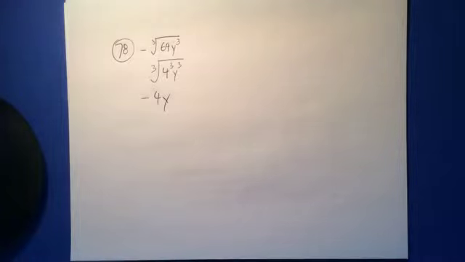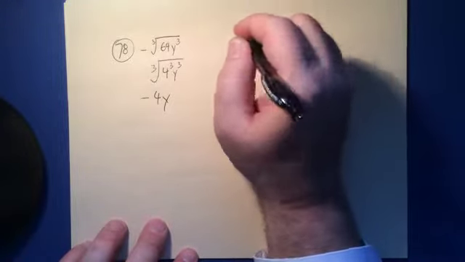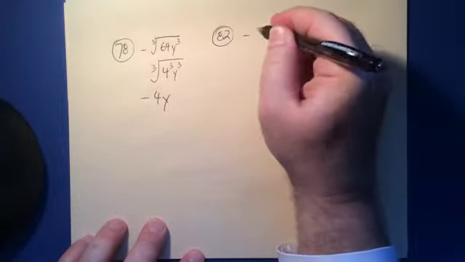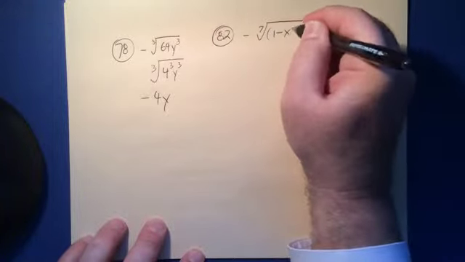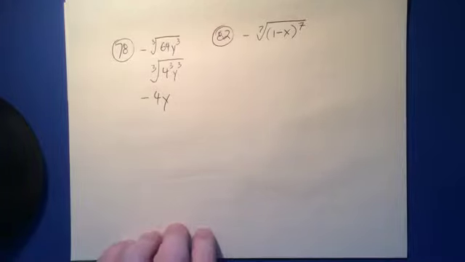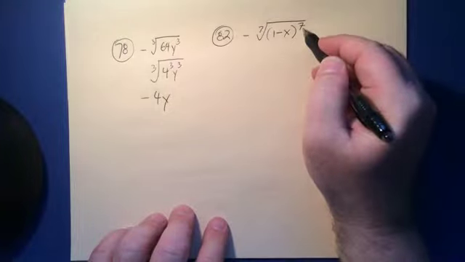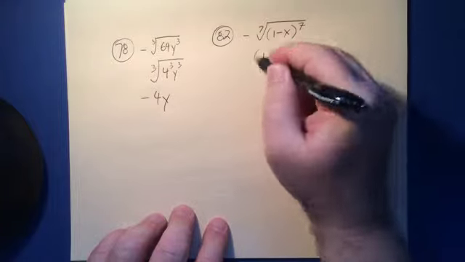Taking a look at one other problem here, let's say 82. A little bit of a tricky question. I'm going to have negative the seventh root of 1 minus x to the seventh. Well, most of you are probably guessing right now that the 7th root and the 7th exponent will undo each other, giving me the quantity simply of 1 minus x.